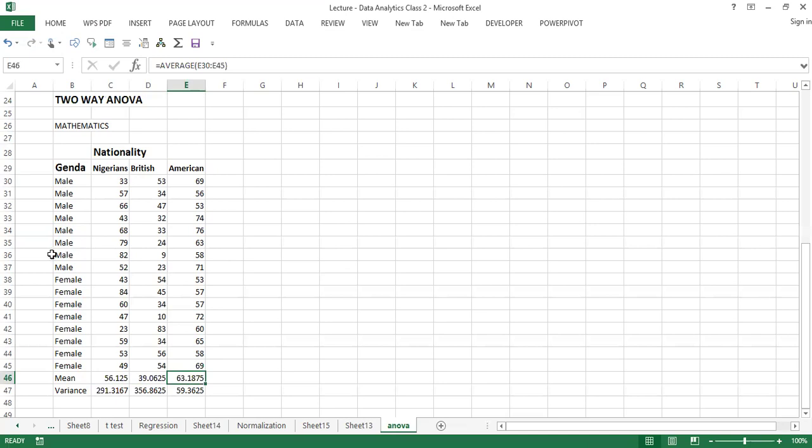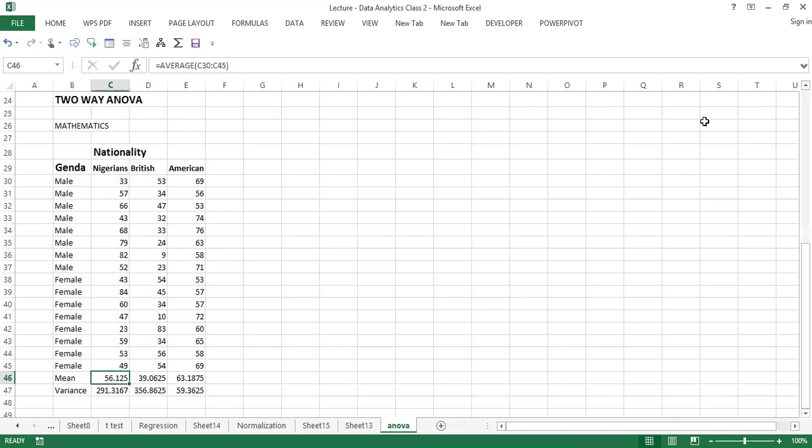Based on the factors of male and female and nationality, you want to see if these factors have something to do with these averages, okay? Are you getting it now?